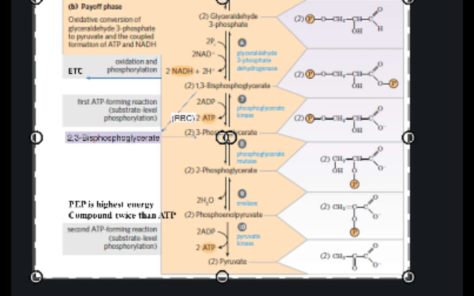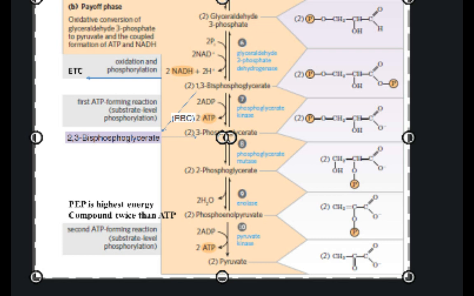1,3-bisphosphoglycerate will convert into 3-phosphoglycerate, and here there is a different kinase, phosphoglycerate kinase, which is a reversible kinase, meaning it will synthesize ATP. And in our body, there are basically three steps where ATP is produced at substrate level, when one substrate is converted into a product, and the amount of energy released is utilized by the enzyme to synthesize ATP without the electron transport chain.